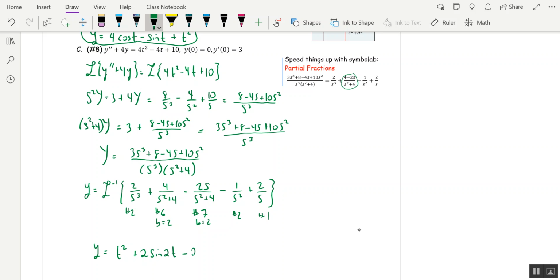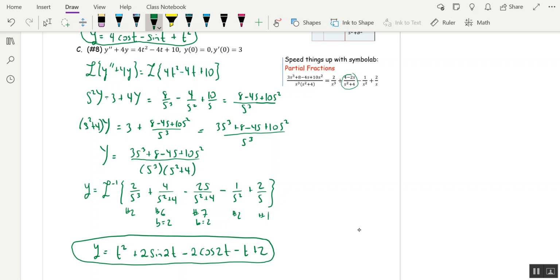That's a constant, 2 cos 2t. Then minus t and plus 2. There's our answer. You could have also used undetermined coefficients on this one. I think our method was a lot quicker.